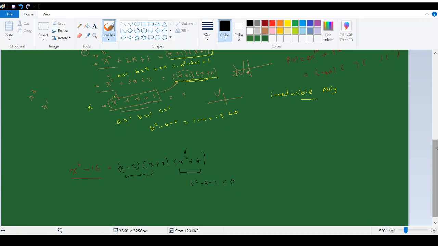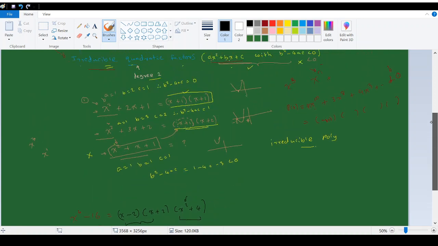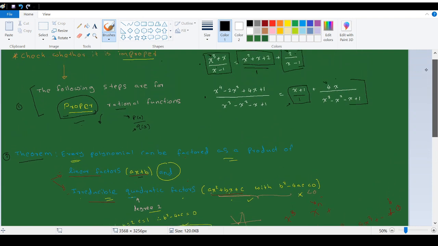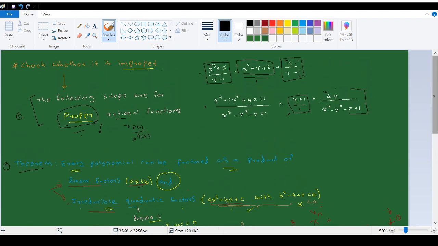And the reason for mentioning this theorem is because, remember, in the previous video I mentioned we are not going to simplify this portion any further, but we are doing it for this one. The reason is, this is a linear factor, but this is not, right?